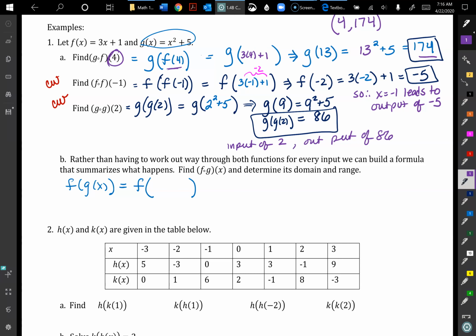So g of x was x squared plus 5. And now I'm going to set that equal to 3x plus 1.